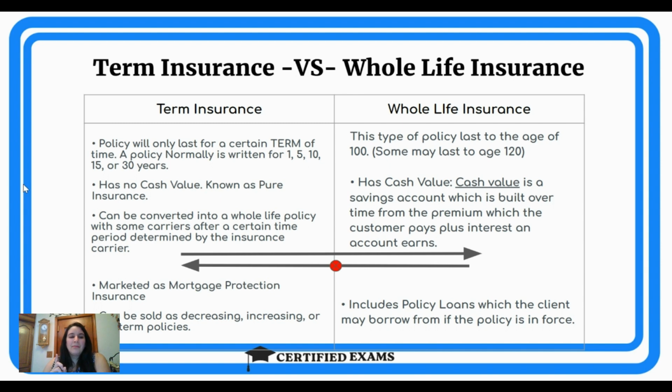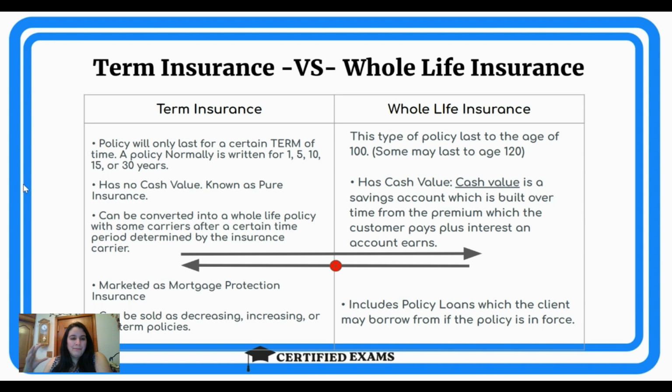If it is not a convertible term policy, then you cannot do this. But basically, a convertible term policy can be turned into a whole life policy, but we cannot go backwards. We cannot go from a whole life policy into a term policy. And in a minute, I will explain why that is.